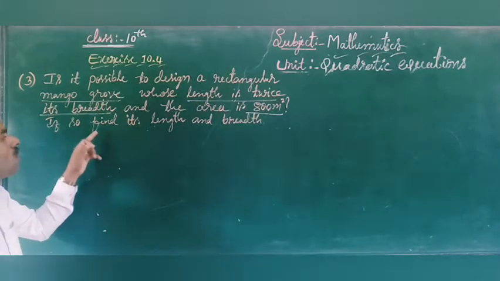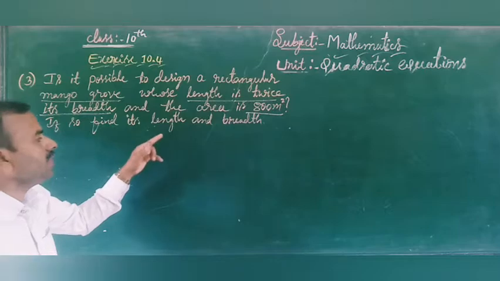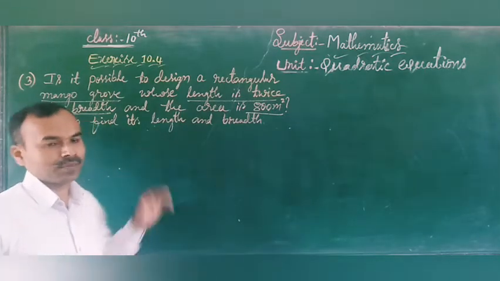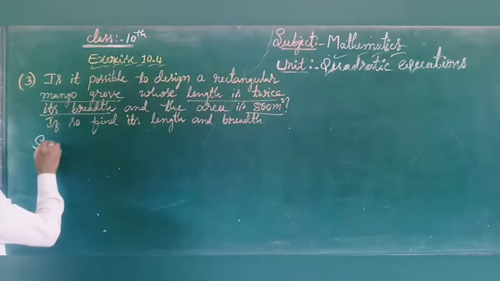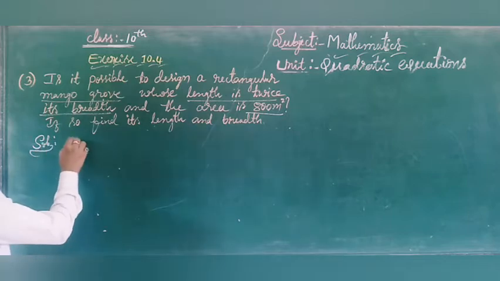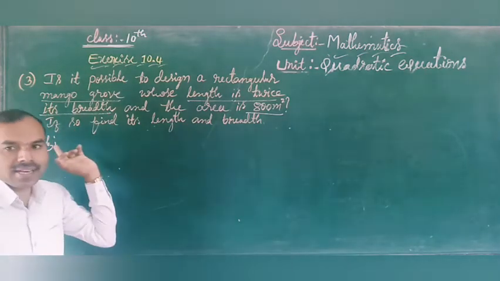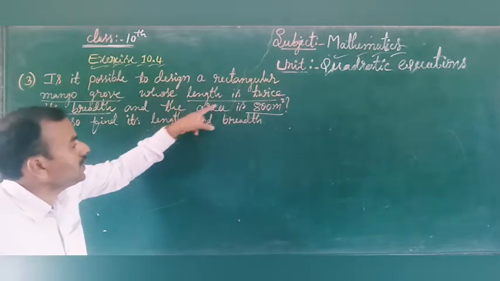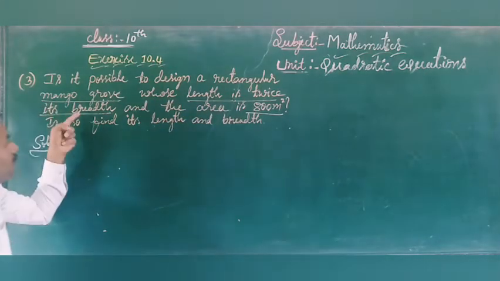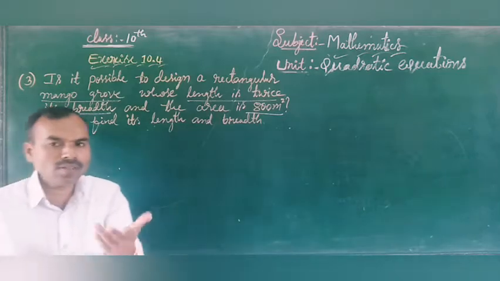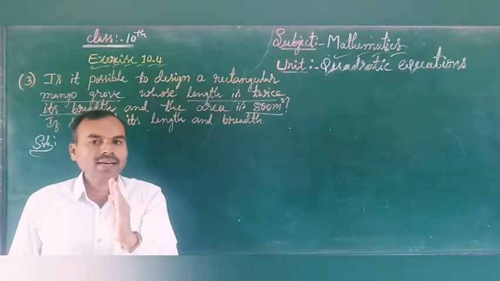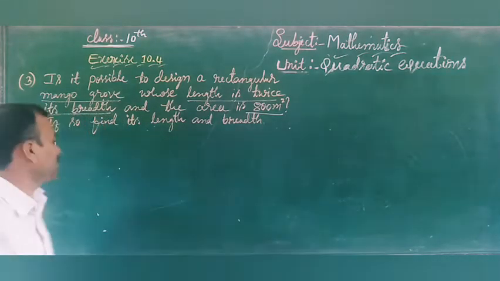If so, find its length and breadth. Solution. Here let us consider the breadth to be x, because the length is twice its breadth. We don't know the breadth, so we take the breadth to be x.